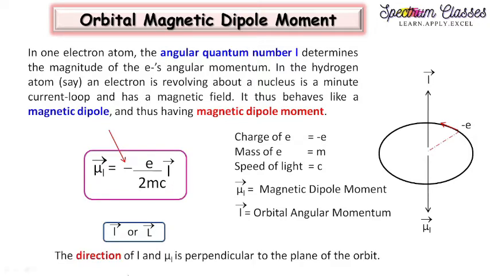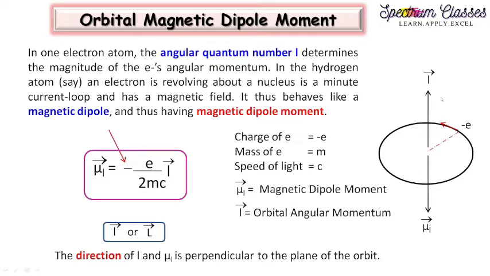Now coming to the next and important point, what is the direction? This orbital angular momentum is perpendicular to the plane of the electron orbit. Therefore, this mu L is again perpendicular to the plane of the orbit. A few things to keep in mind: a moving charged particle creates a magnetic field, therefore it has a magnetic dipole moment.